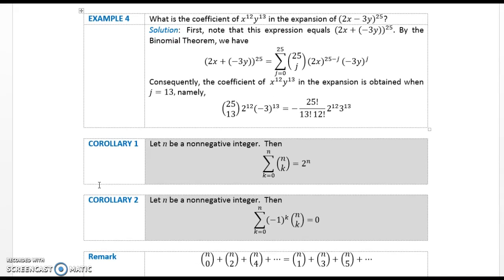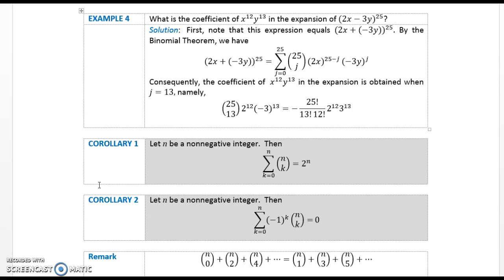What is the coefficient of x to the 12th, y to the 13th in the expansion of (2x - 3y)^25? First, note that by the binomial theorem, we have (2x + (-3y))^25 is equal to the sum from j equals 0 to 25 of 25 choose j, (2x) to the 25 minus j, (-3y) to the j power.